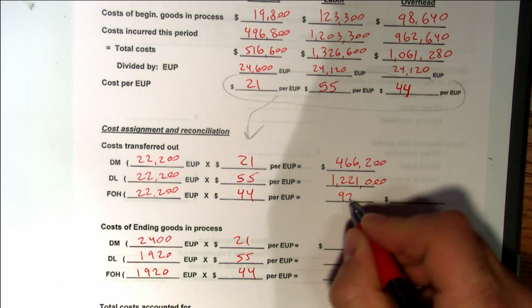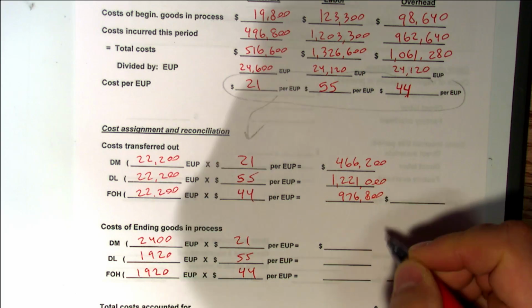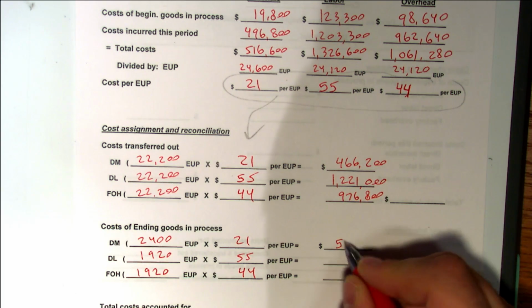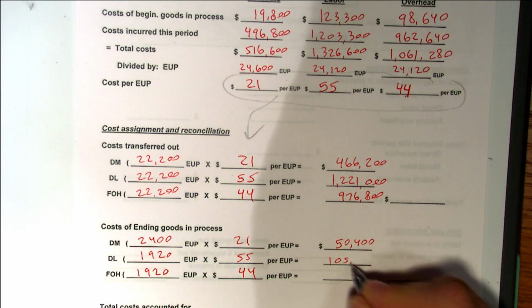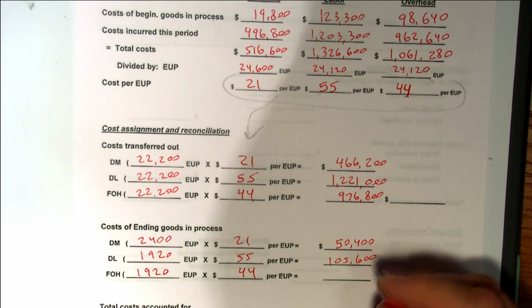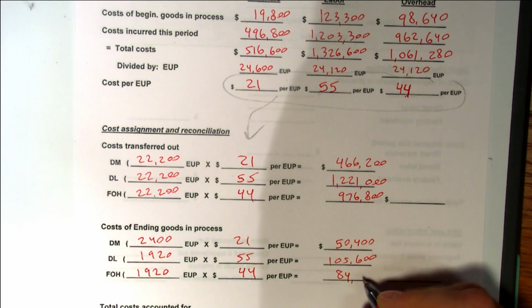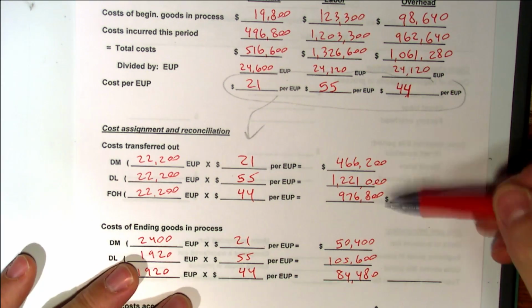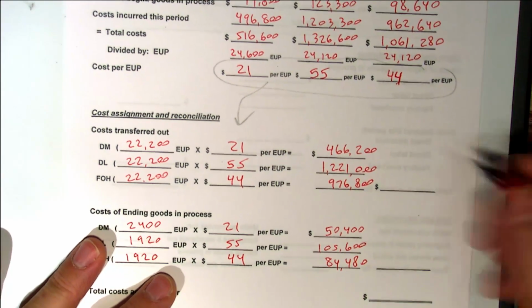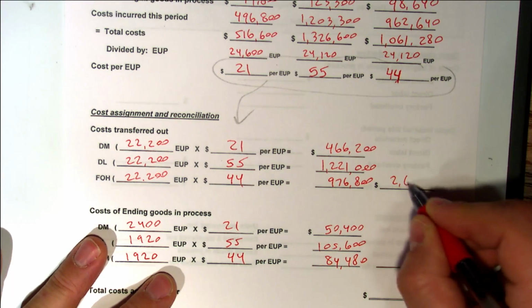This is 976,800. This is 50,400. This is 105,600. This is 84,480. Right? So now we add those three numbers up to get this number.